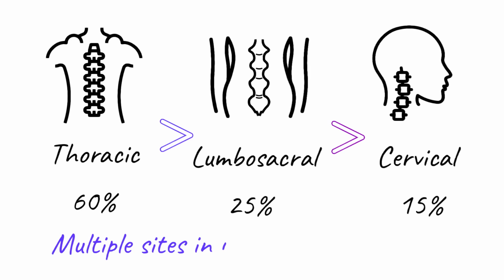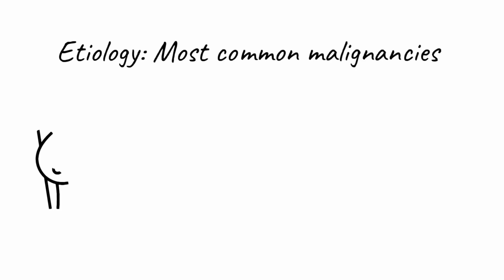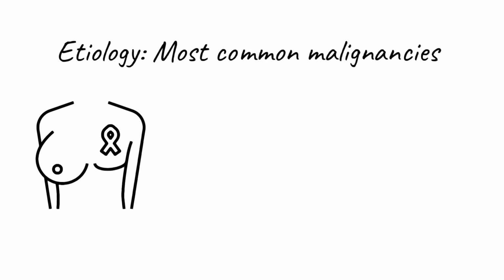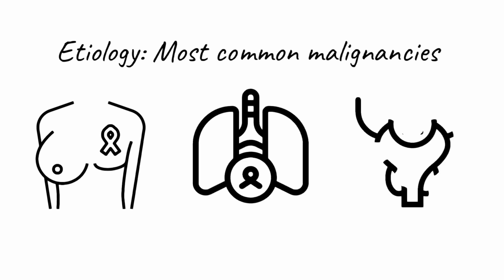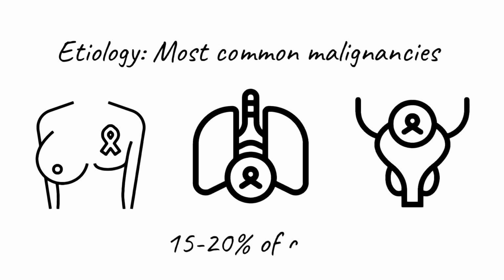It will also present in multiple sites in up to 35% of patients. The most common malignancies in which spinal cord compression occurs are breast, lung, and prostate cancer, accounting for 15 to 20% of cases.